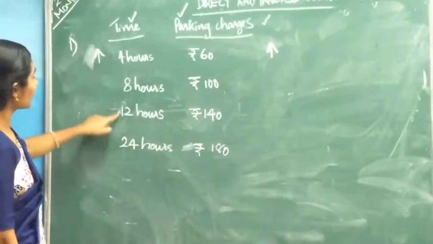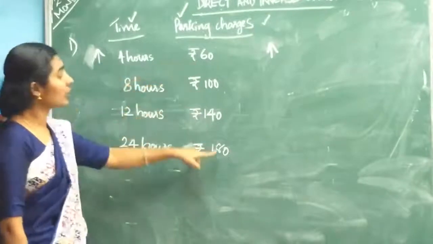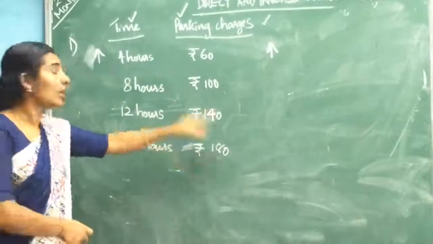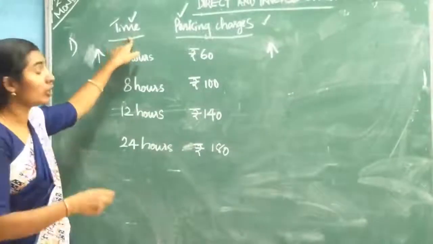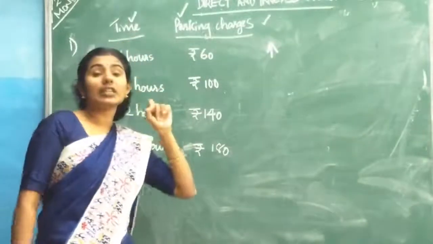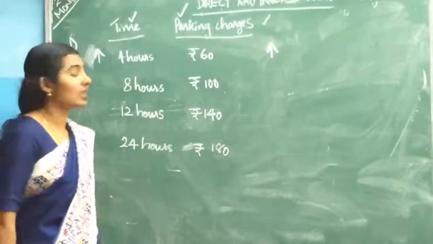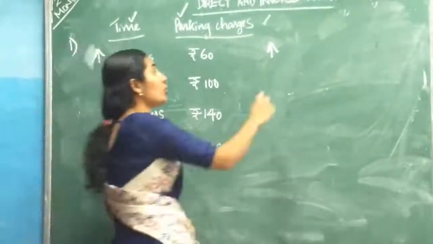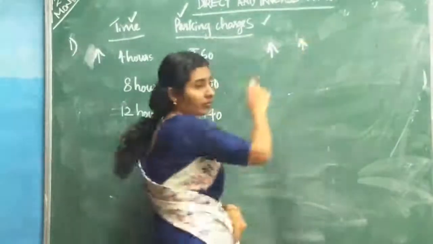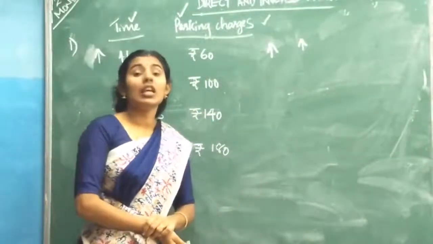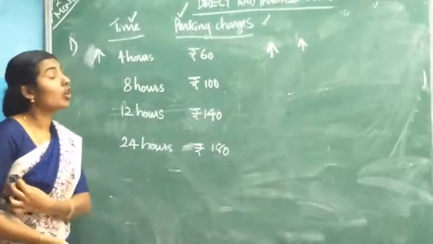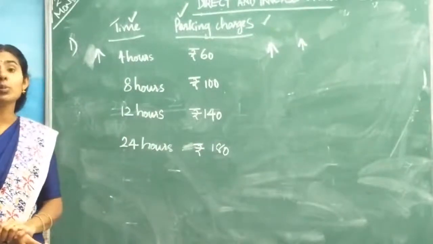So as the time increases, the parking charges also increase. Now what do you want to check? Two quantities are increasing. Now you want to check whether these two quantities are in direct proportion.